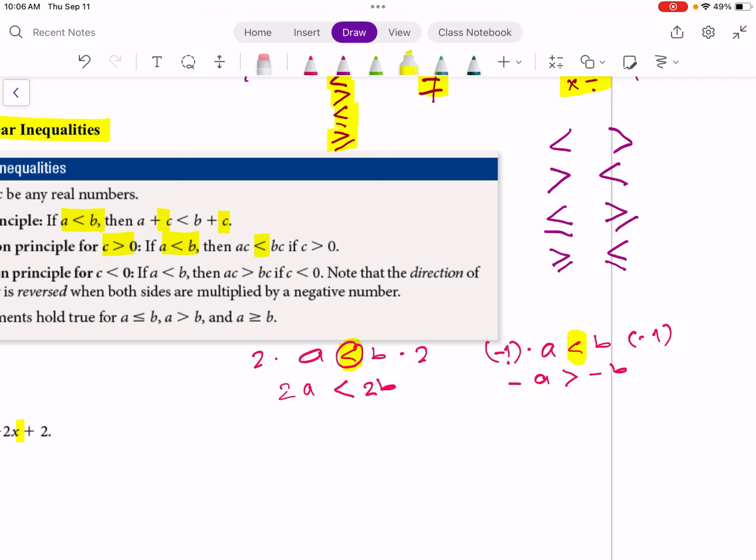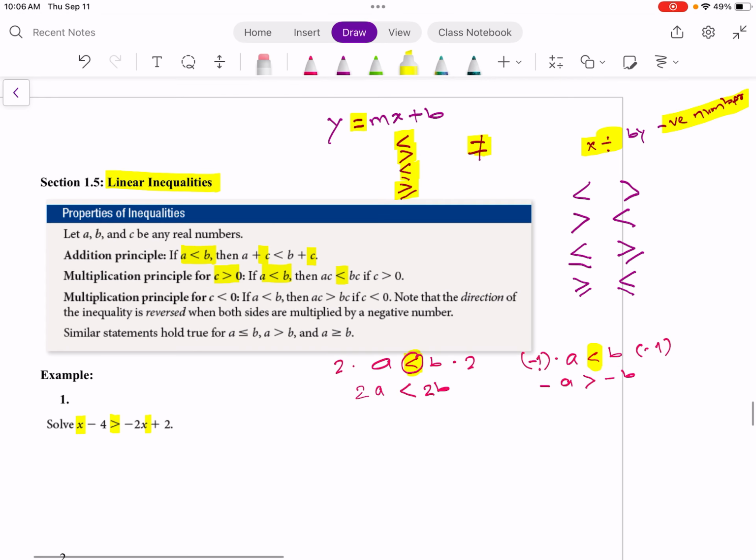But when we are multiplying or dividing an inequality, you have to be very careful. If you are multiplying by a positive number, everything remains the same. If you are multiplying by a negative number, then you have to flip that inequality sign. So these are the rules that we will be using to solve an inequality.